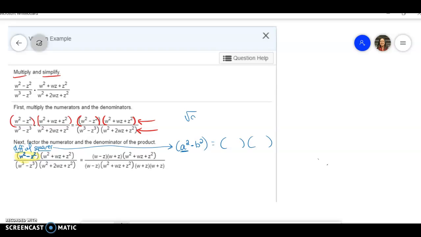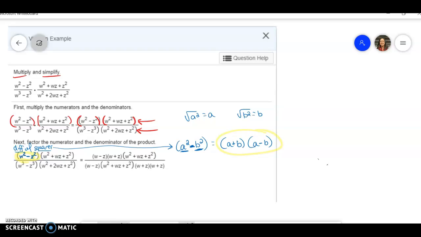Well, the square root of a squared is equal to a, right? The square root of my second term, in this case b squared, is b. So we would put b second. And then because this is a difference, one will be plus and one will be minus. That is a pattern that we follow every single time we want to factor a difference of squares.